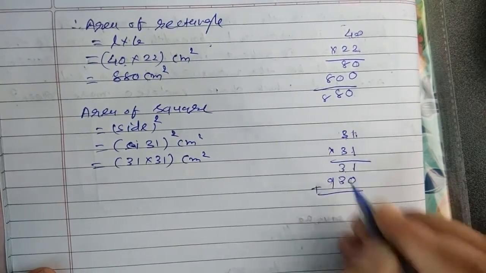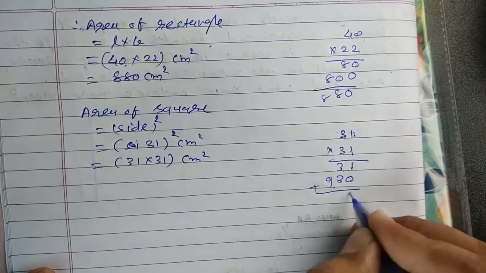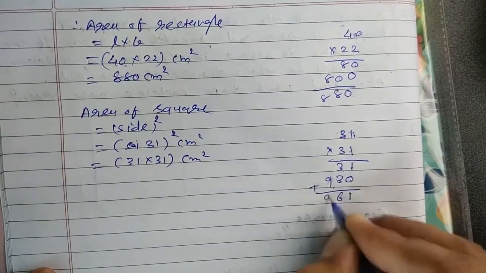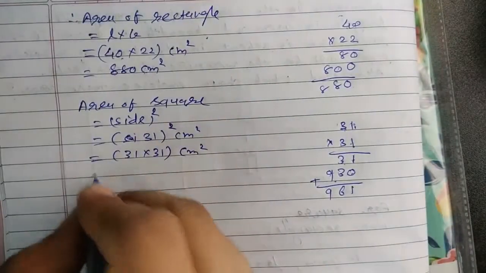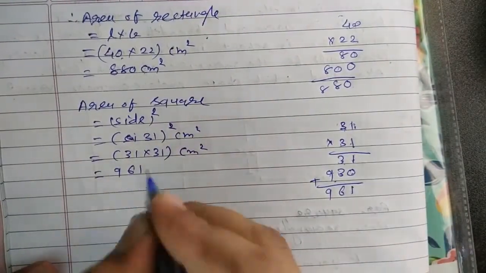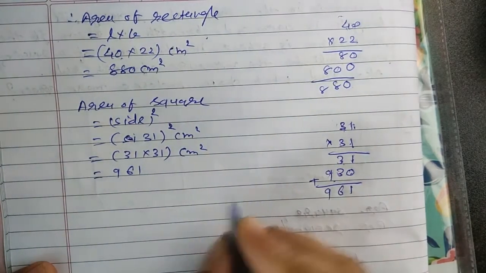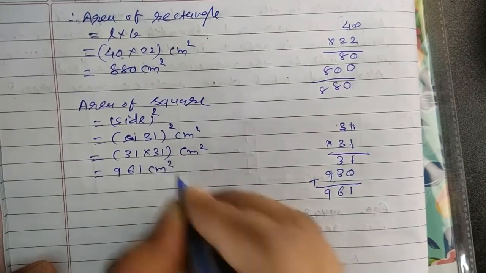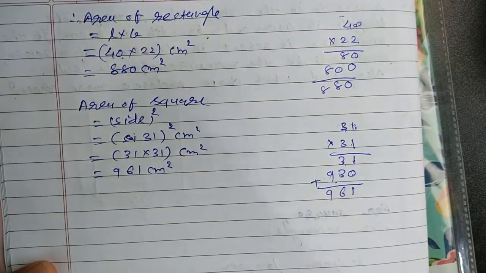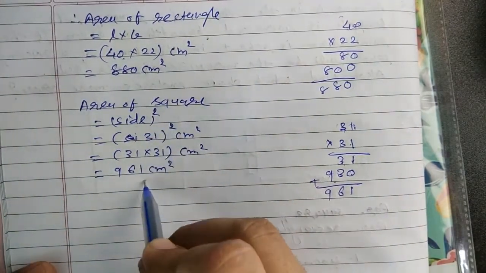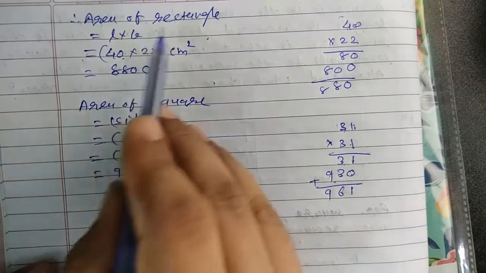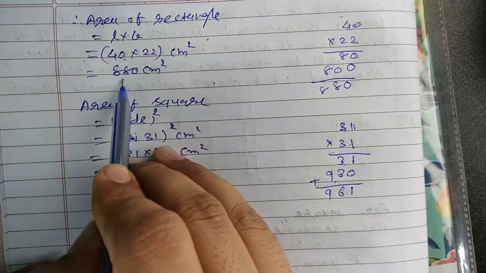We add these two numbers: 1, 3 plus 0 is 3... so we get 961. So the area of the square is 961 centimeter square, and the area of the rectangle is 880 centimeter square.